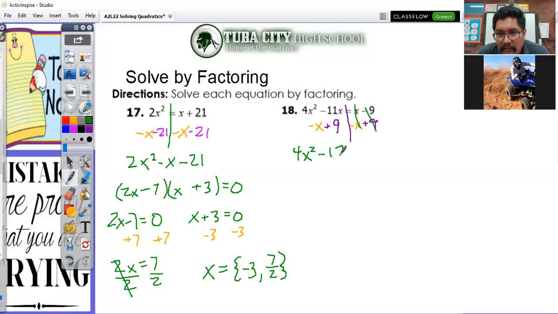Negative 12x and 9. Okay, so I'm not combining 9 with anything, so it's going to stay the same. All right, that looks about right. Make sure I didn't accidentally leave anything out again.